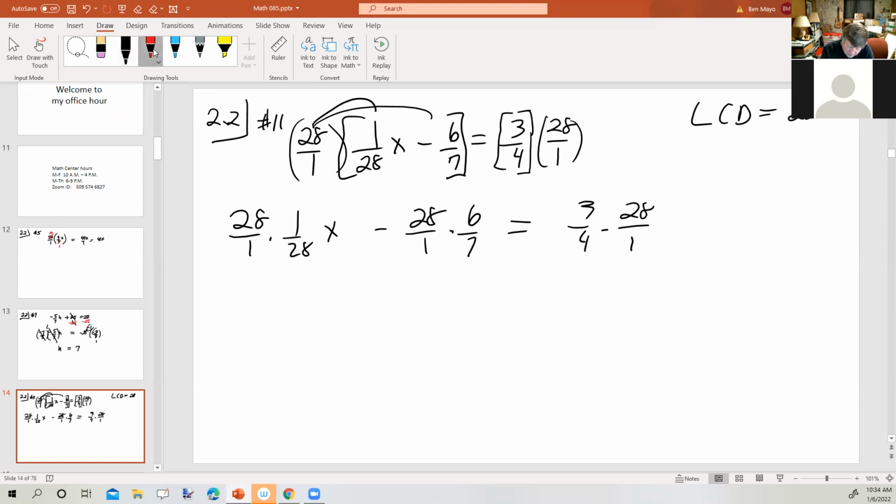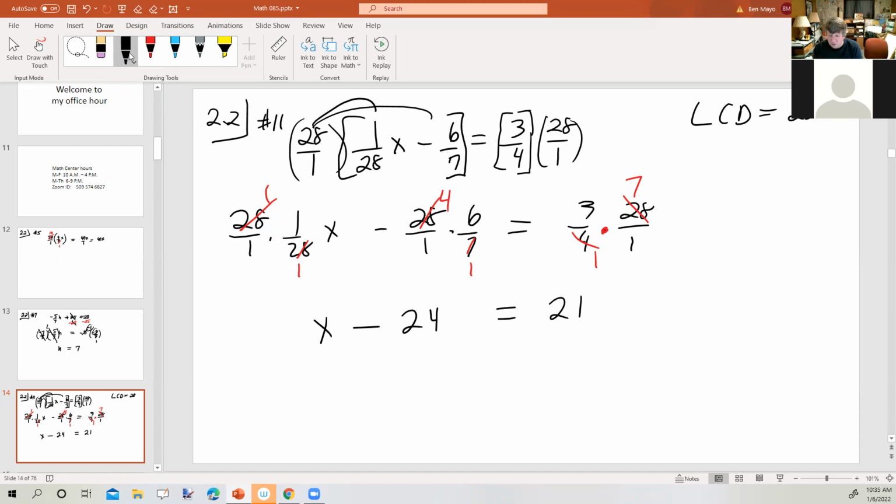Going back and reducing each product, the 28's reduce to 1 over 1. 1 over 1 times 1 over 1 is 1, and 1 times x is x. Minus 28 over 7 is 4 over 1, so we have -4 times 6 over 1, which is -24. Equals, and over here, this is a multiplication dot, 28 over 4 is 7 over 1. 3 times 7 over 1 is 21.